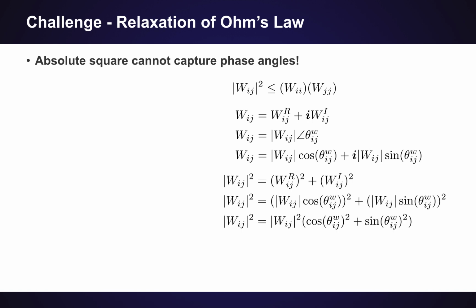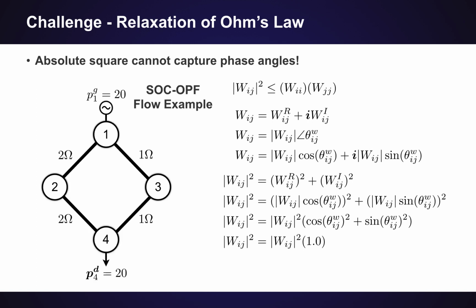And what you can see here is that you can collect out a Wij squared, and then you get the sum of cosine squared plus sine squared, which is just 1. So what I'm trying to show here arithmetically is that when you take the absolute square of Wij, or any complex number for that reason, you're basically multiplying out all of the phase information into 1, and you're really only going to capture the magnitude of that variable.